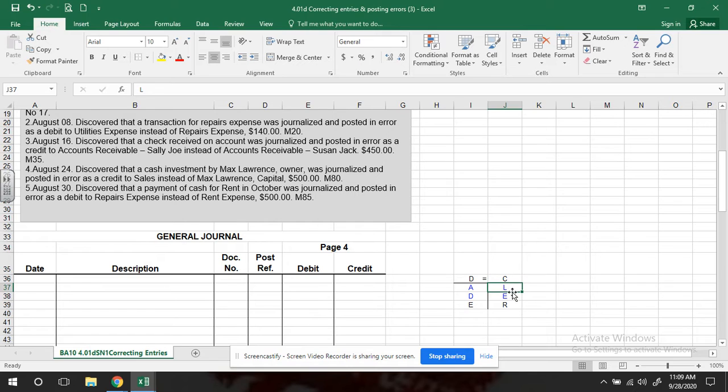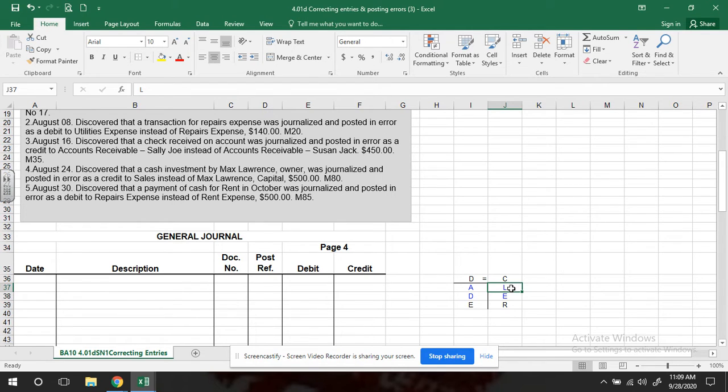If it increases, we put it on what's called the normal balance side. This is the normal balance side for these guys, is debits. These guys is credits. If it's not an increase, it's a decrease, then the decrease goes on the other side of the equation.